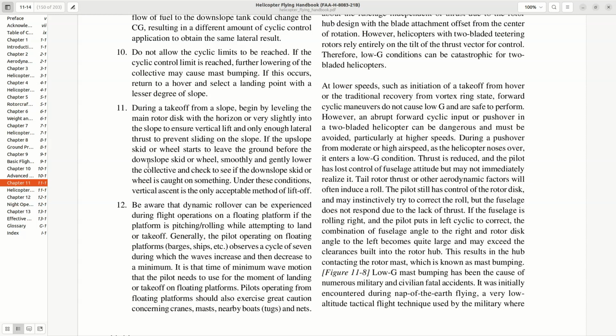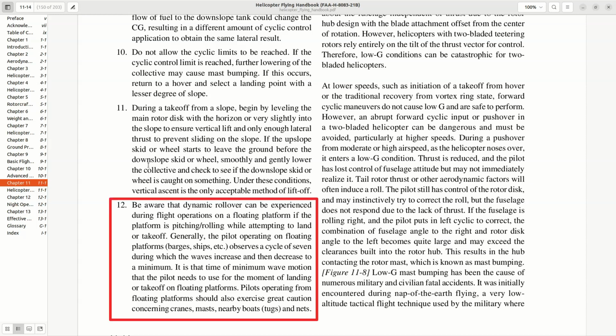During your takeoff from a slope, begin by leveling the main rotor disc and then, and only then, go out to the side. You don't want to slip down the hill, and you basically want to raise the downslope skid and make sure everything looks good, and then you can get away.